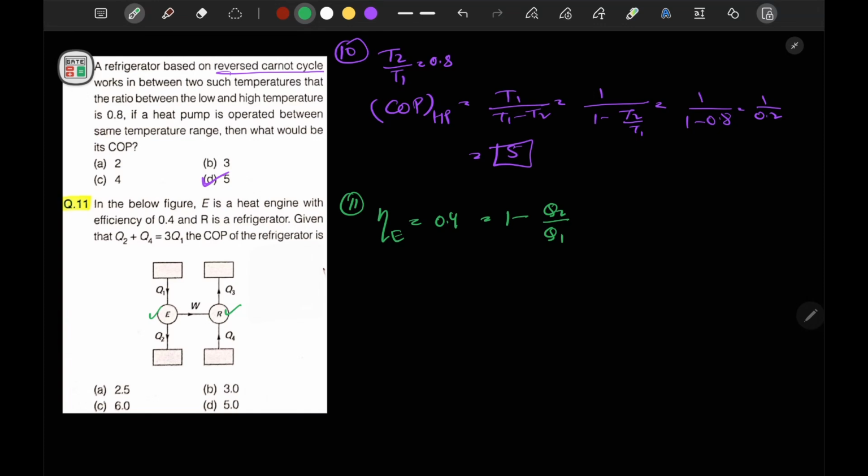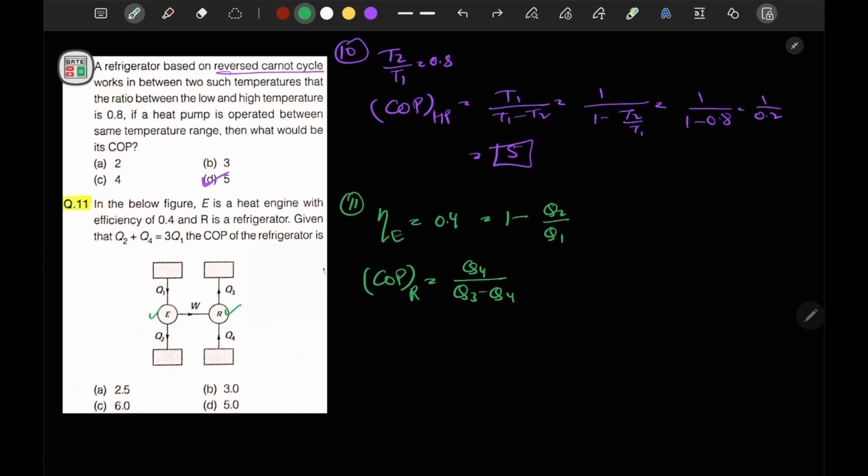Now the COP of the refrigerator is given by Q4 upon Q3 minus Q4. This can be written as 1 upon Q3 by Q4 minus 1. Let's write it like this only and see what we have to do next. Now it is given that Q2 plus Q4 is equal to 3Q1.